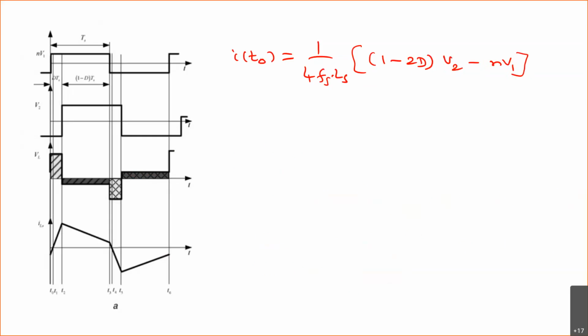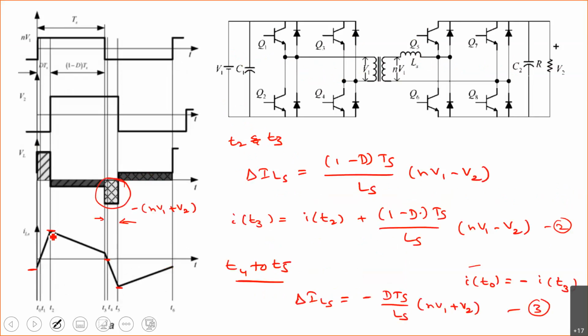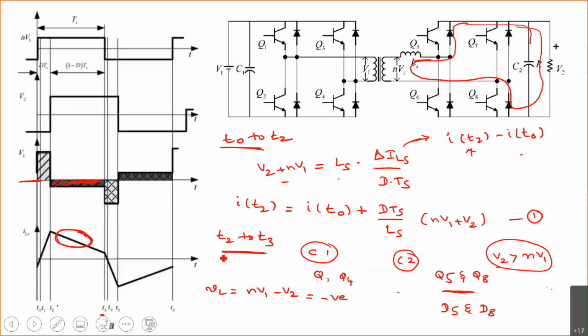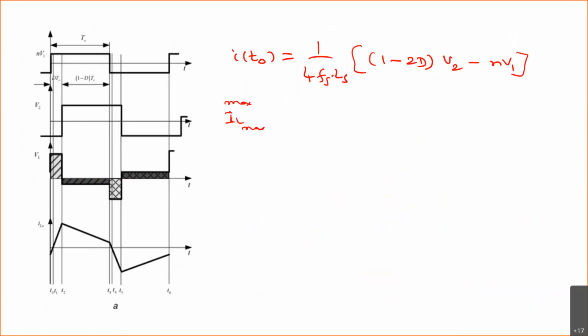We also have the inductor maximum current, IL maximum. You can obtain it from the equation i of t2, which gives you the maximum current. I of t0 is already known to you, so you need to add the additional term, DTS by LS into NV1 plus V2.